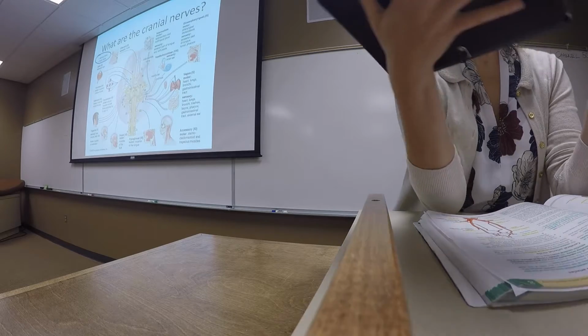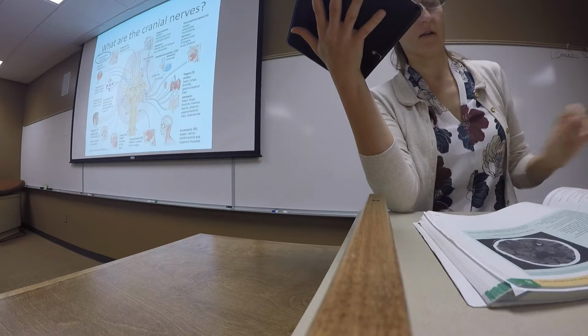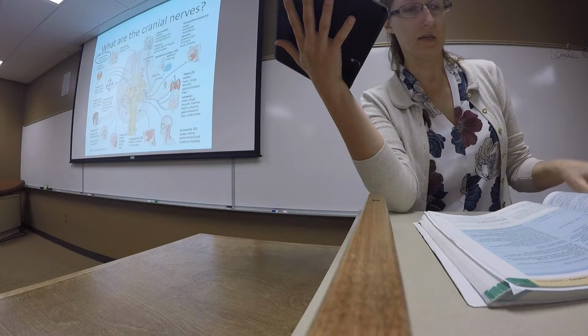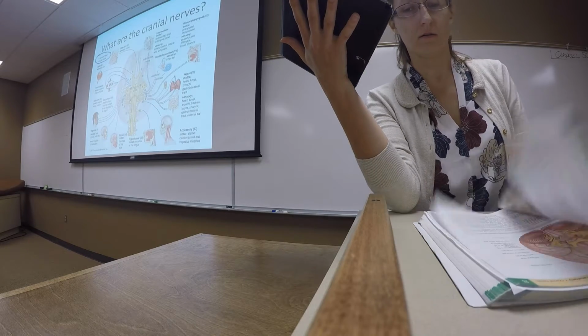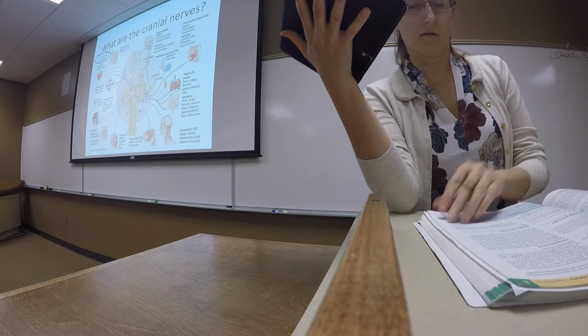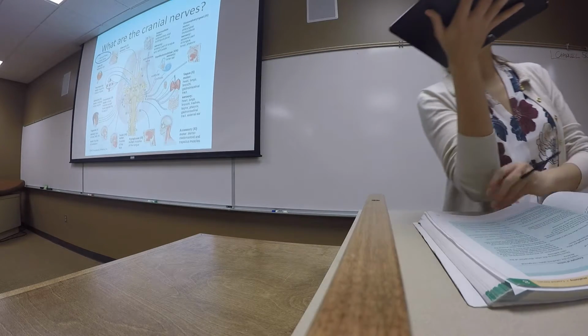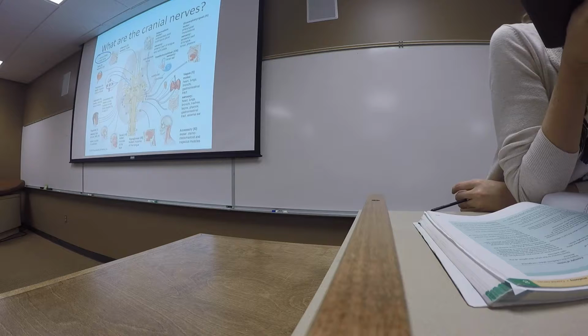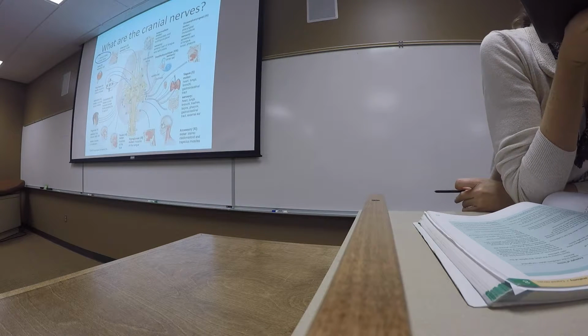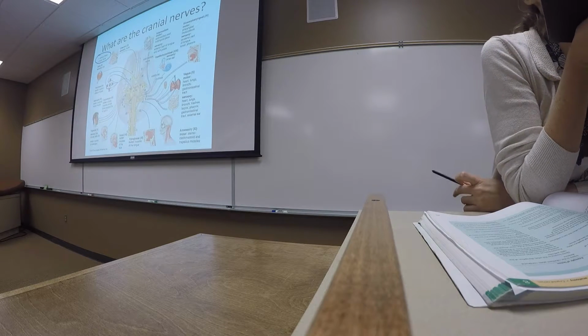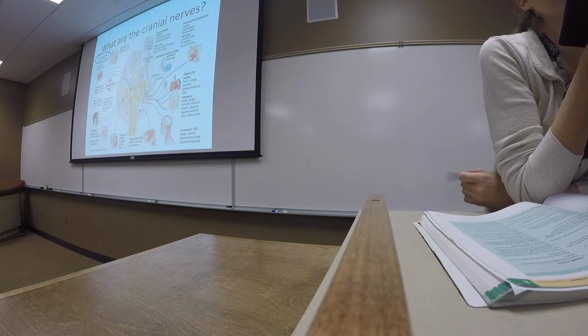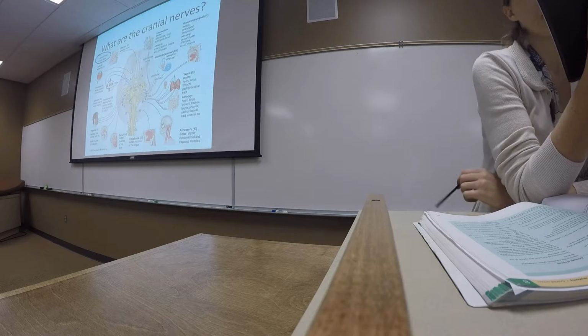And then there's a table in your book. In my version, it is on page 855. That looks at what you would see if there's a lesion in that nerve. So if that nerve is disrupted, what are the deficits you would see?